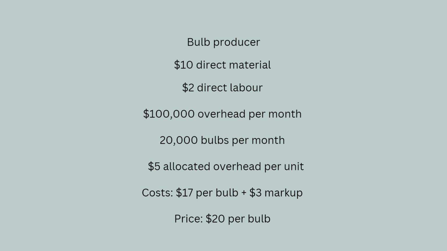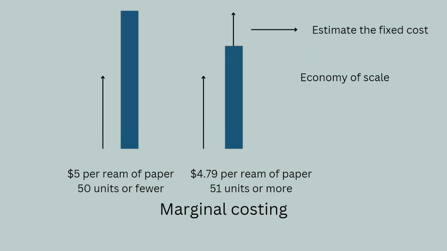And you see that sometimes with the overhead and with the production, I must do some estimates. However, there are some other activities that may affect my calculation as well. With marginal costing, we only consider the variable cost and then we add a markup.